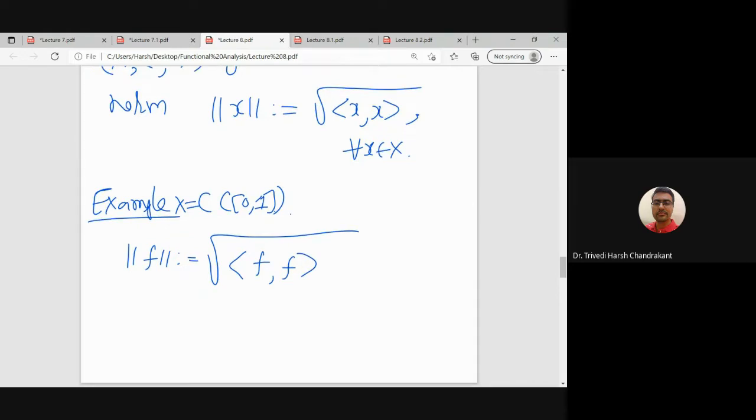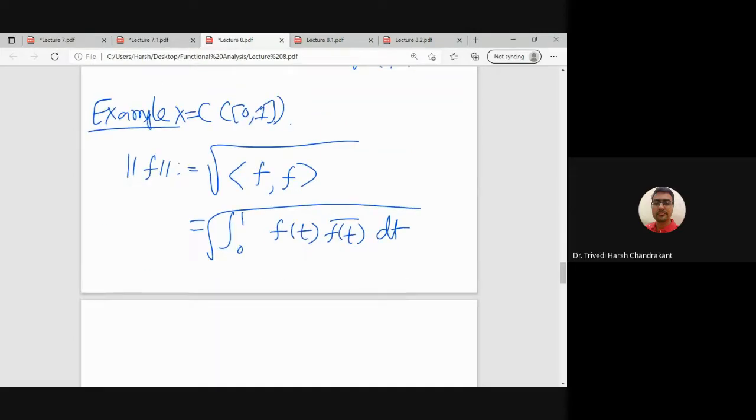That is nothing but the integral of f(t) times f(t) conjugate dt, square root of that, and that is nothing but the square root of the integral of |f(t)|^2 dt. This is the corresponding norm coming from this inner product.